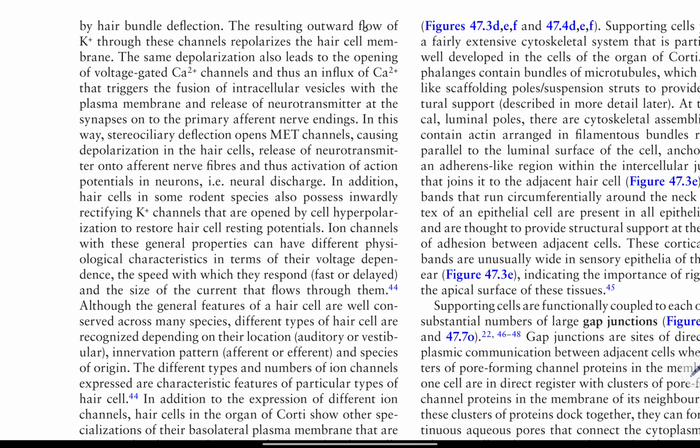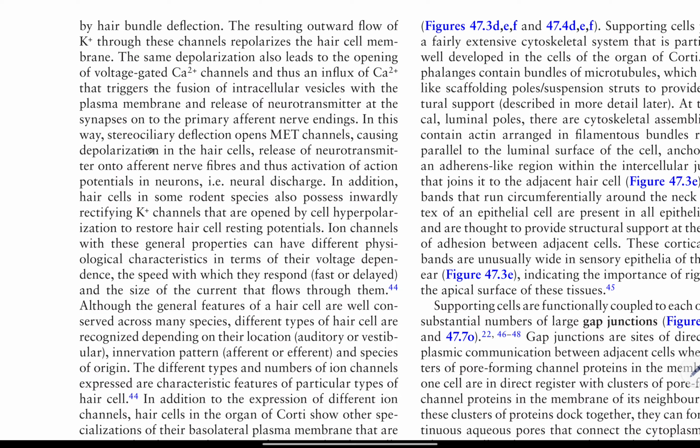The resulting outward flow of potassium through these channels repolarizes the hair cell membrane. The same depolarization also leads to opening of voltage gated calcium channels and thus an influx of calcium that triggers the fusion of intracellular vesicles with the plasma membrane and release of neurotransmitter at the synapses onto the primary efferent nerve endings.